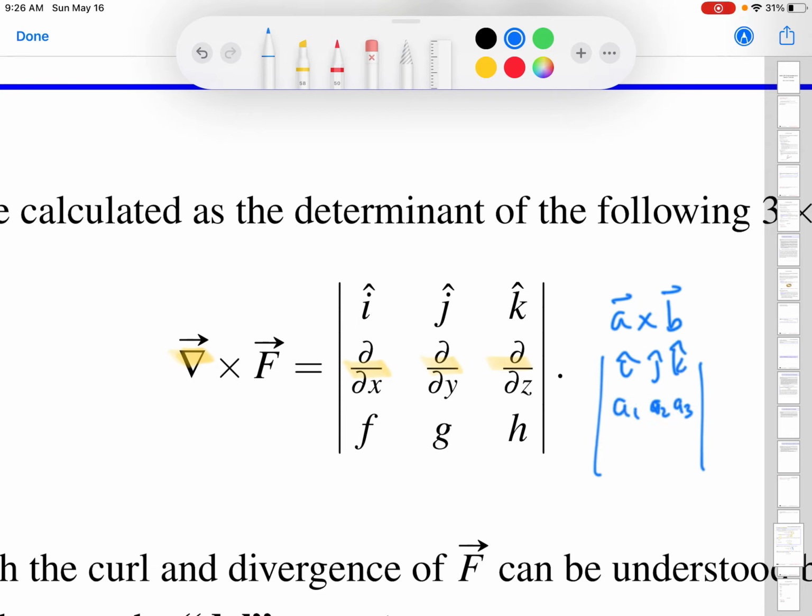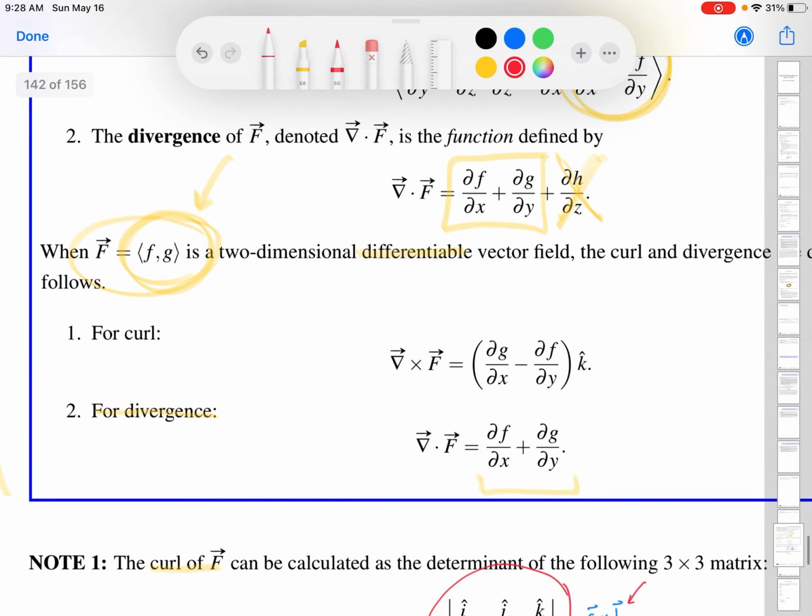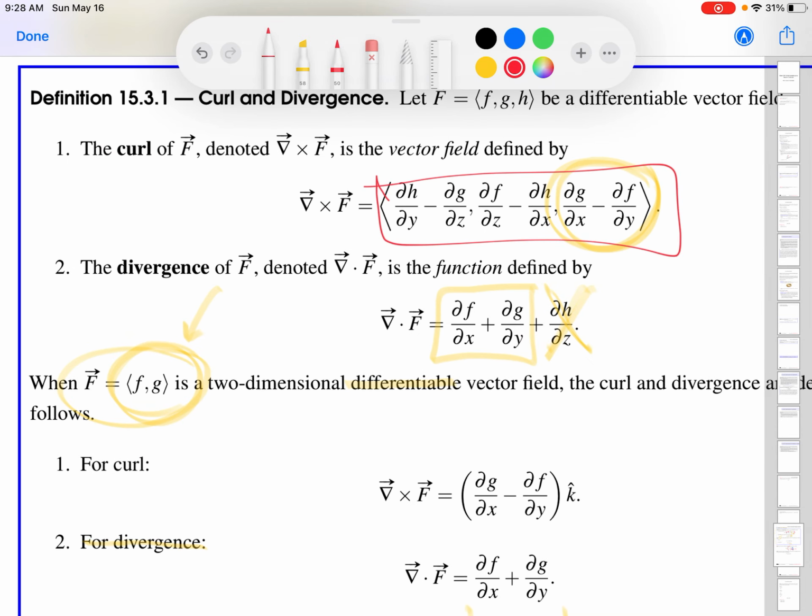Then we take the components of the vector here, which are f, g, h, and put them in the last row, just like over here in the cross product, we would put the components of B down here. Then if you calculate it out, just like we did over here with our three 2x2 determinants and alternating the signs, you get this expression up here.